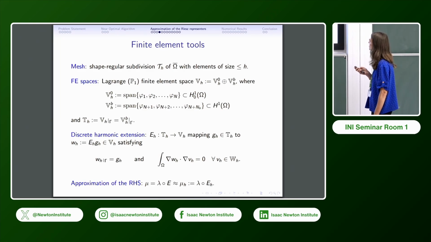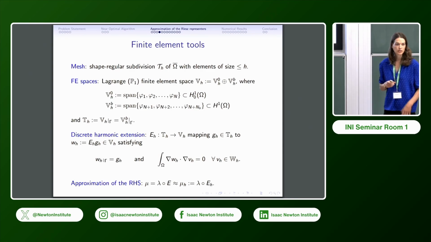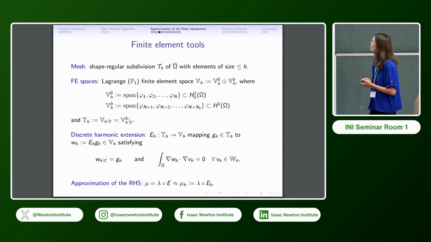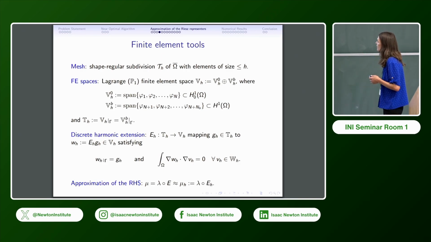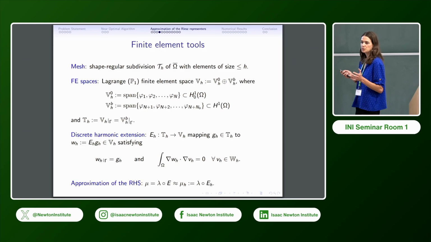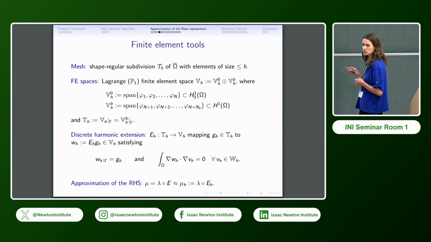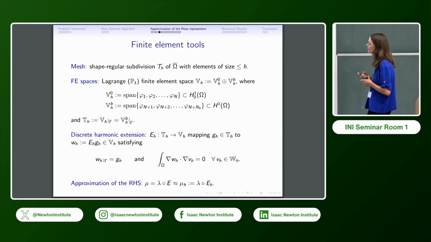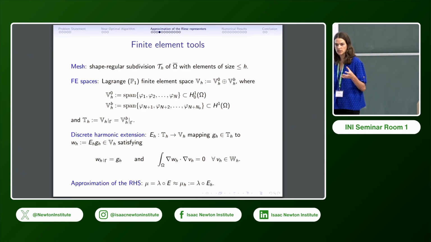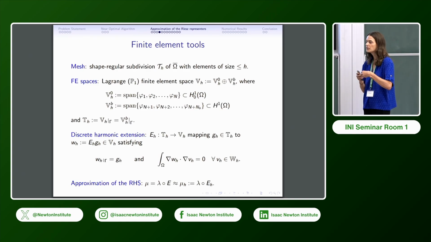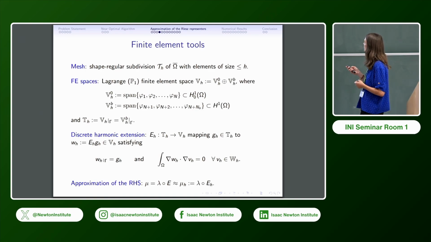So maybe just some notation: tau h is my mesh, so I need a subdivision of my domain, and this is a mesh for omega, the bulk. Then we use standard Lagrange P1 finite elements, so piecewise linear, and I'm going to call this space VH. It is composed of two parts: this part is the collection of the basis functions associated to interior nodes, and then VHB will be the space of all the basis functions associated with the boundary nodes.